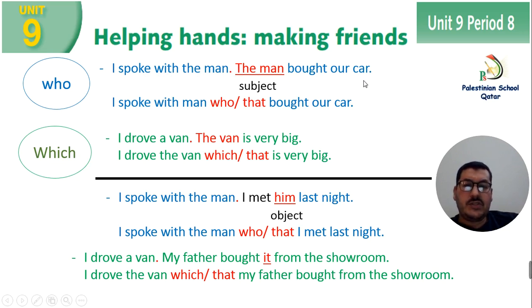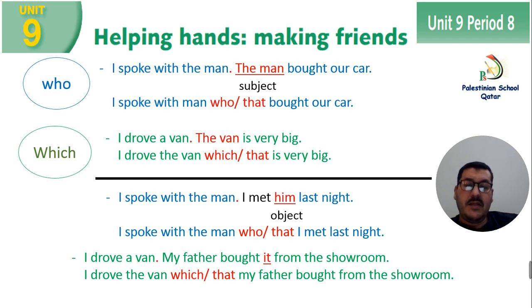Now when we use who, we remove the full stop and we remove the man, because I mentioned the man before, so it's the second time. It's better than repeating myself. I will say, I spoke with the man who bought our car, or you can use that, it is the same.